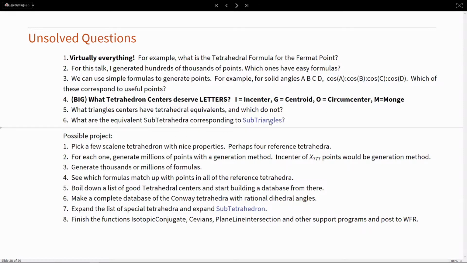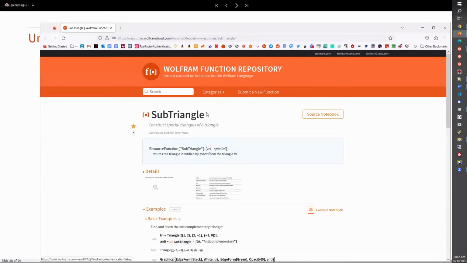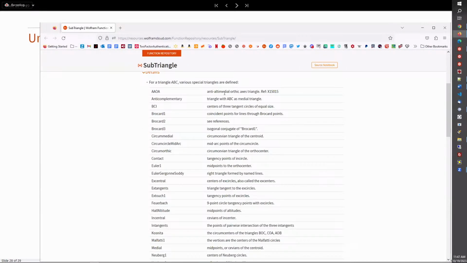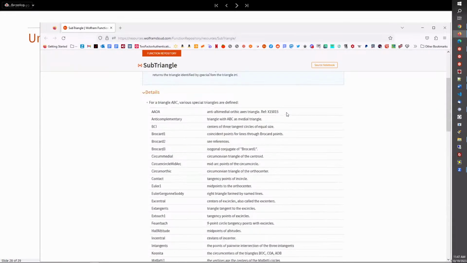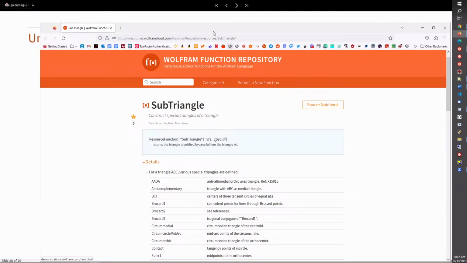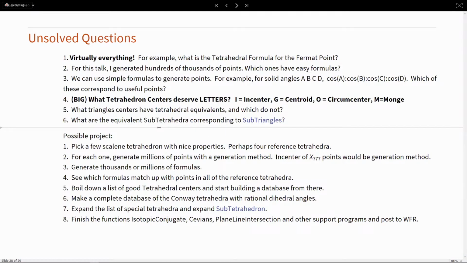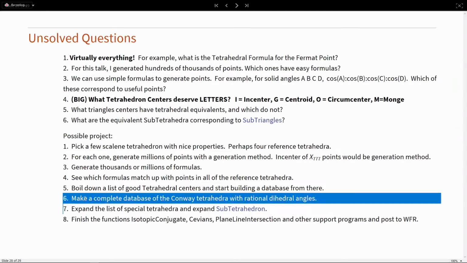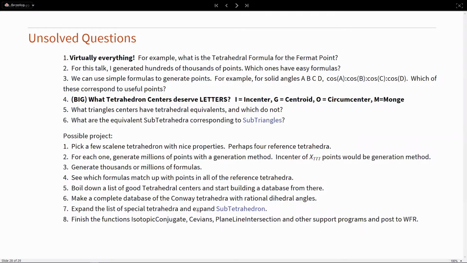I may as well show the subtriangles function, and also special triangles. If there's other special triangles that could be added to this, let me know and we can try to add them to this. So I plan to make a database of the Conway tetrahedra, plan to expand subtetrahedron.